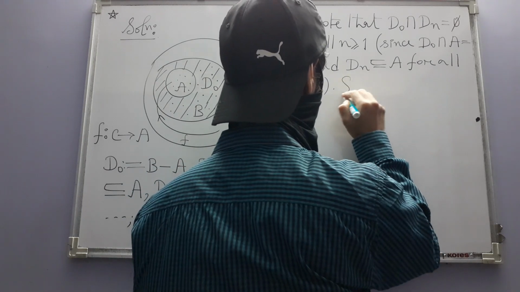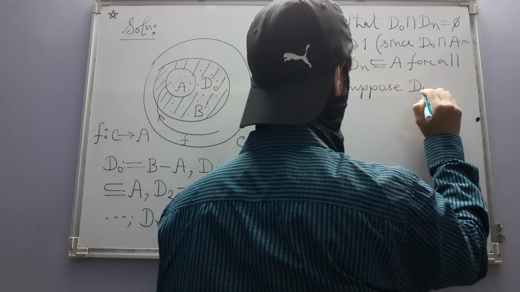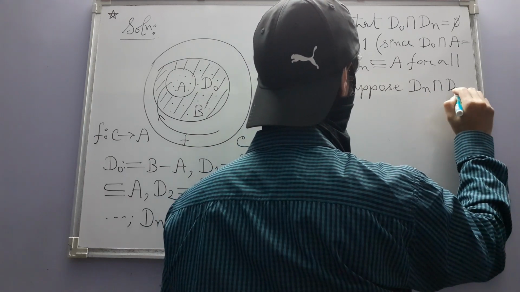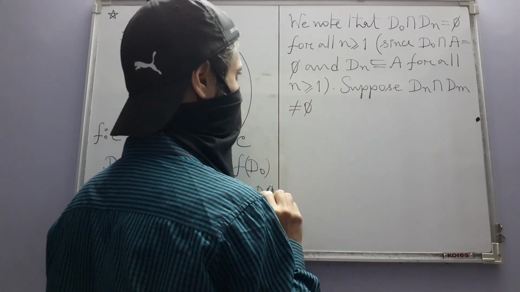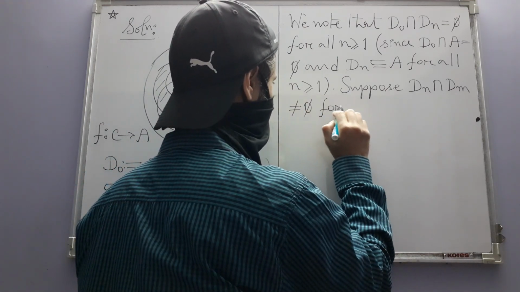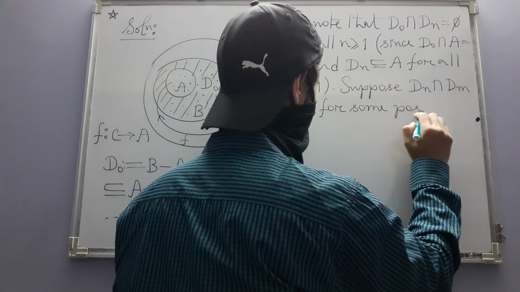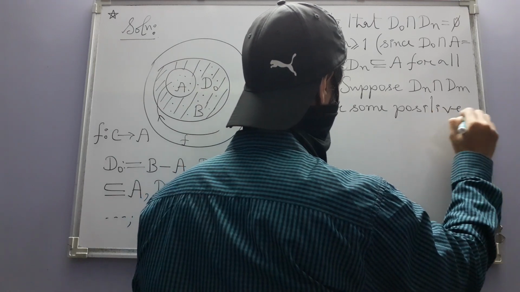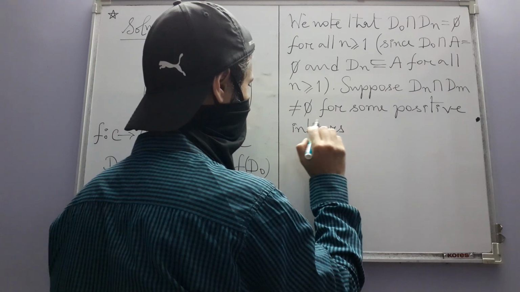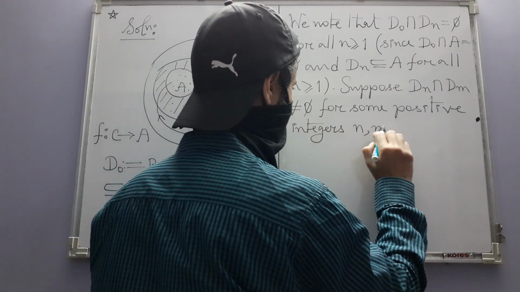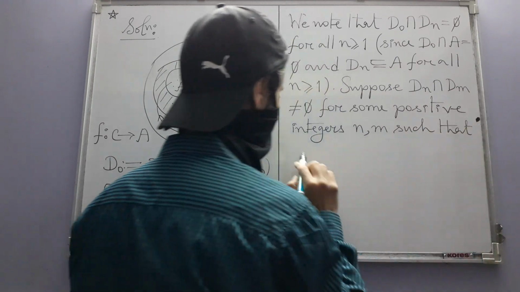Suppose that this intersection is non-empty for some positive integers n and m which are distinct also.